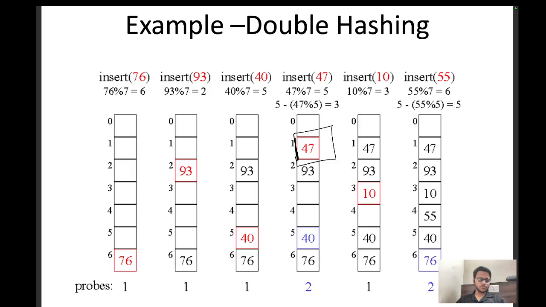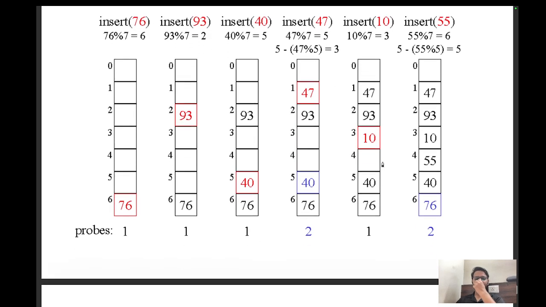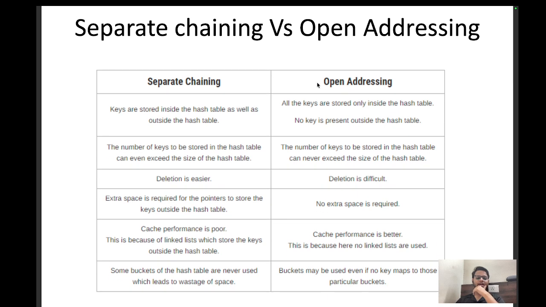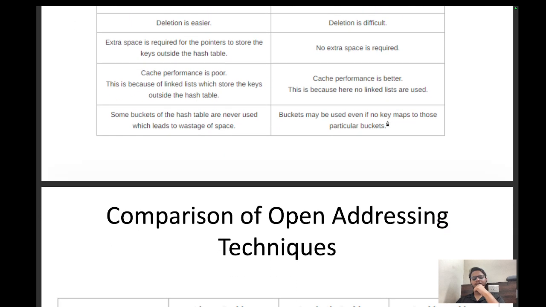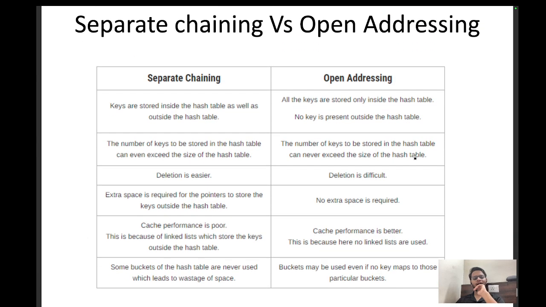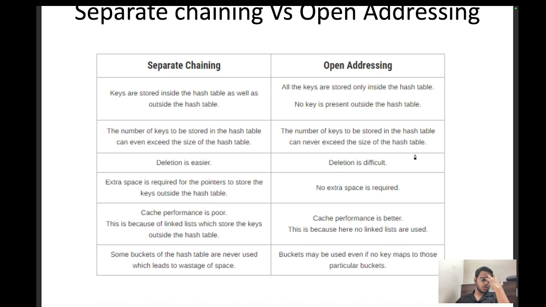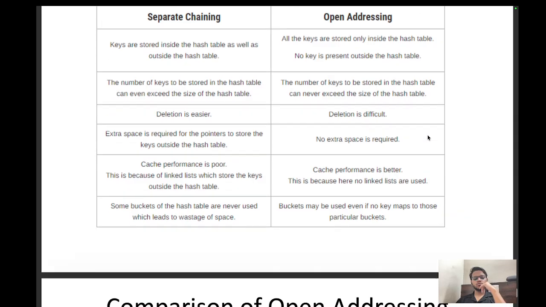Correct? So that was it, and you can see the difference between separate chaining and open addressing. I'm not explaining this difference; you can easily check it from my notes, which I will be providing you very soon.